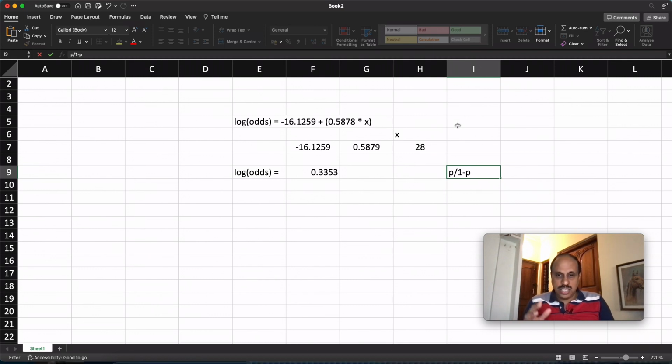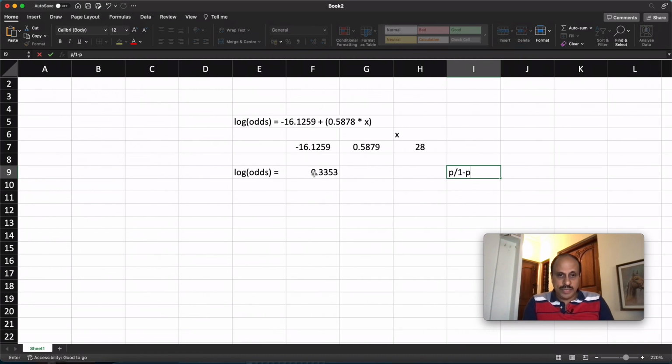What do you think? In case the log odds, that is log of p by 1 minus p, is not linearly related to the independent variable x in a logistic regression setting, what do you think would be the consequences? Please go ahead and draft your comments in the comment section down below.